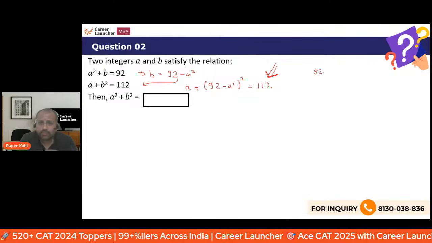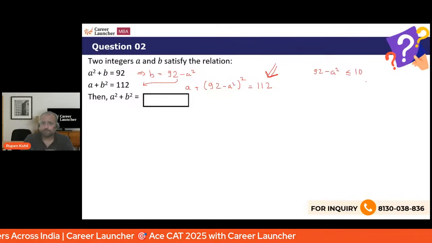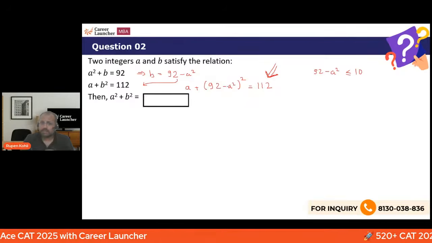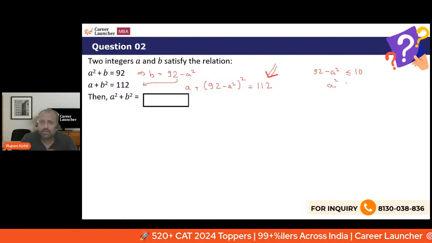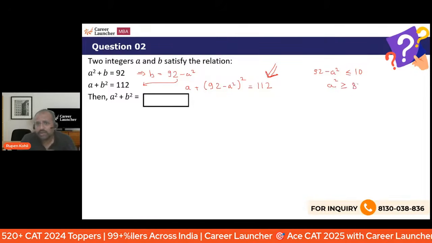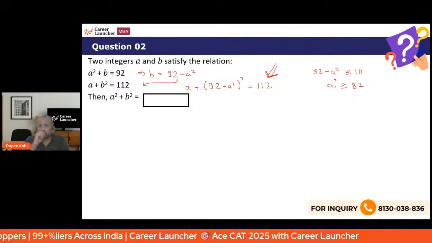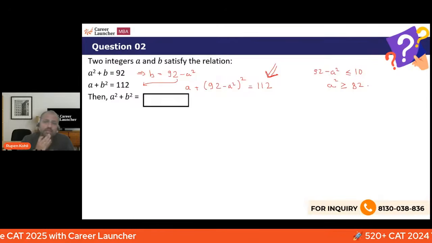Can I say 92 minus a square is less than or equal to 10, so that this perfect square is at the most 100, we cannot cross that. So a square is greater than or equal to 92 minus 10, 82.